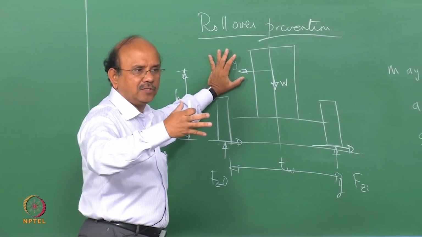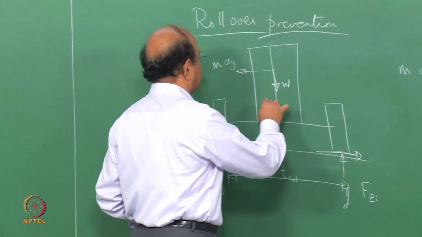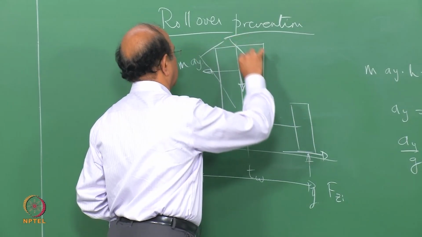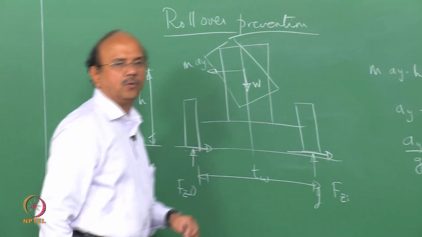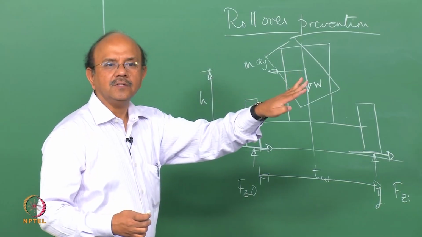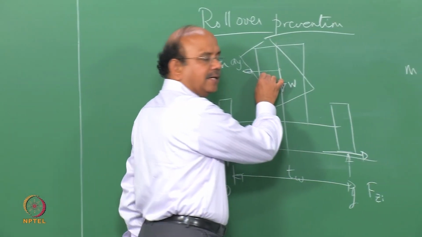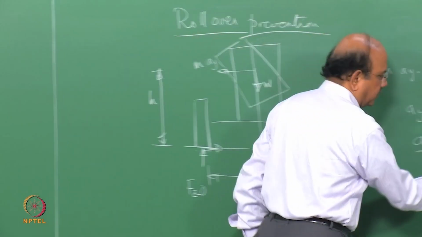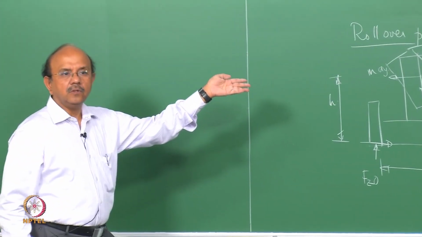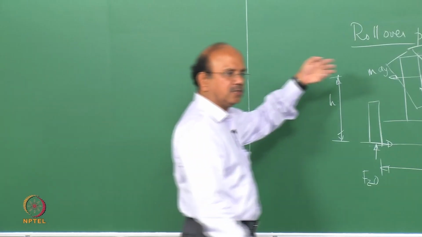There is a roll center, we have seen that, and the vehicle is going to roll. So as it rolls about the roll center, the center of gravity location is going to change. So one is that H is going to be affected by the roll and hence due to the suspension and so on.